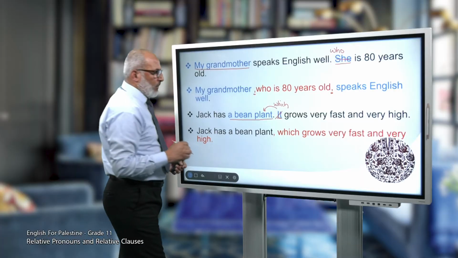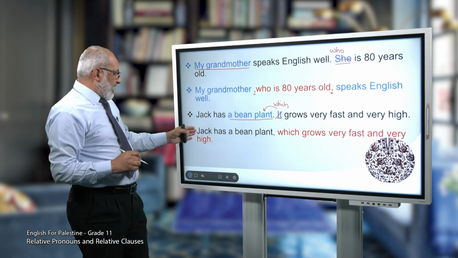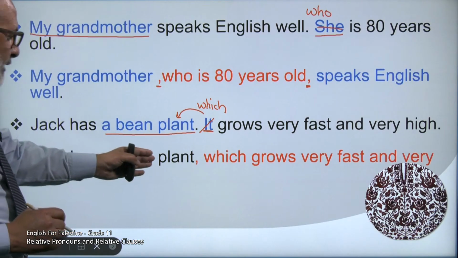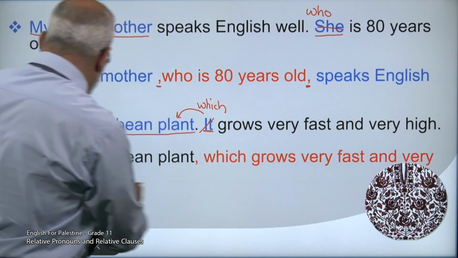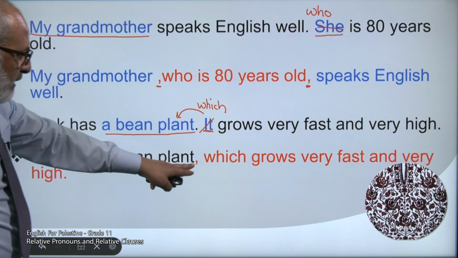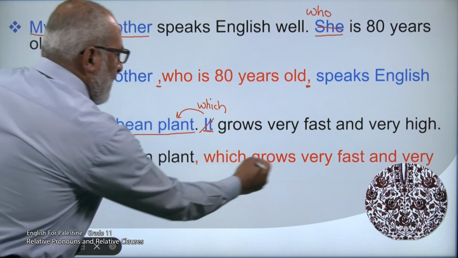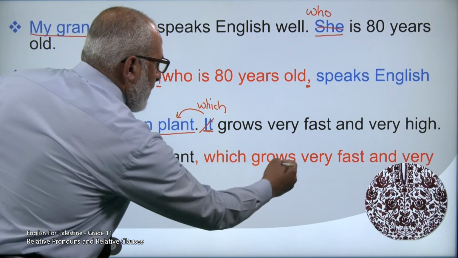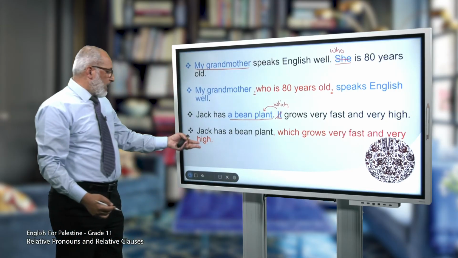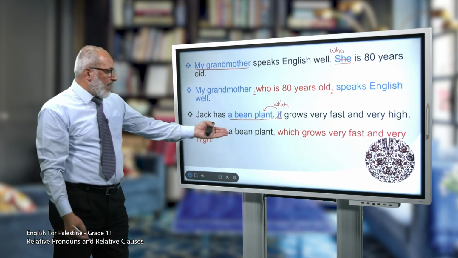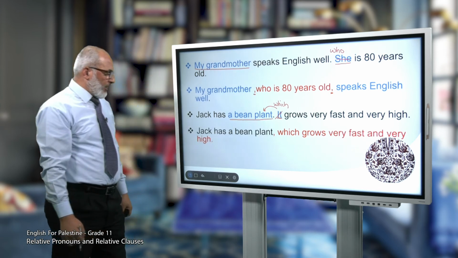Okay, so it becomes like this. Jack has a bean plant, comma, which grows very fast and very high. We put a comma because these pieces of information are not important for the plant. They are extra information. Okay?